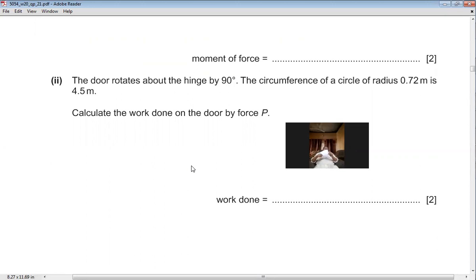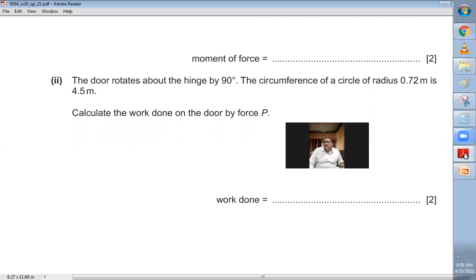So the distance traveled by the door is 1/4 of the 4.5 meter, that is 4.5 divided by 4. The force applied is 25 Newton, so the work done is equal to force multiplied by distance. You multiply 25 Newton with the distance traveled, 4.5 divided by 4, and the final answer will be 28.125 joules.